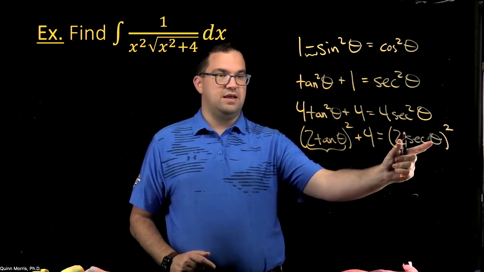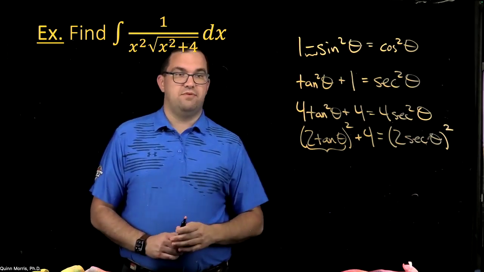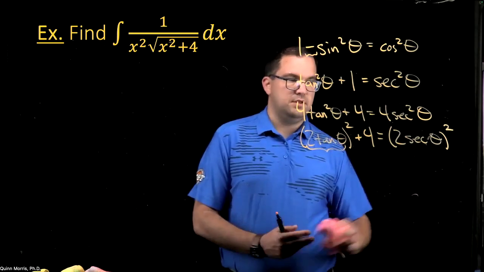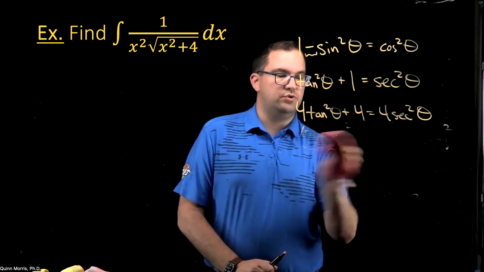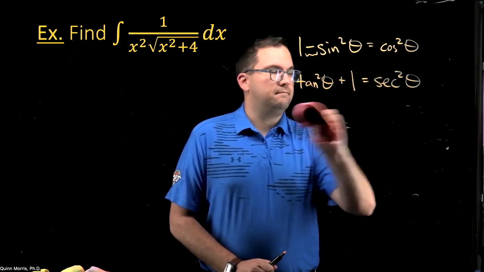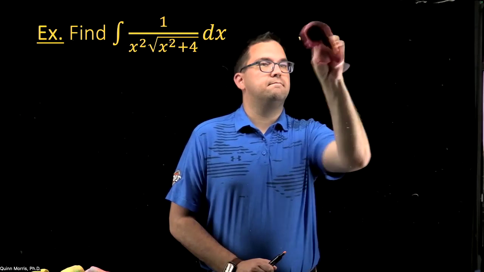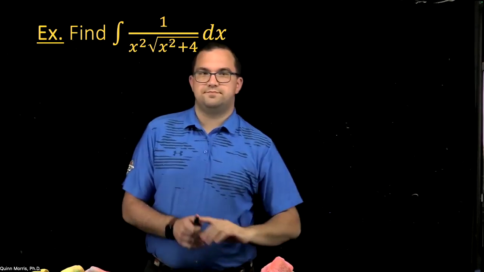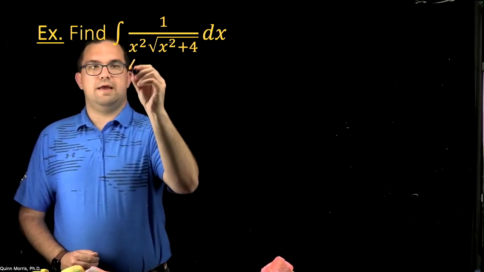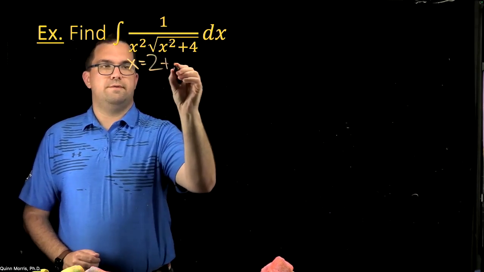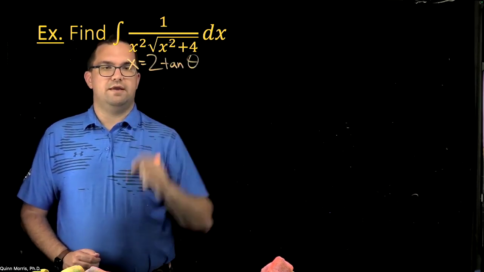I'll end up with 2 secant of theta squared after I simplify. So let's try that substitution. I'm going to substitute x is equal to 2 tangent of theta.